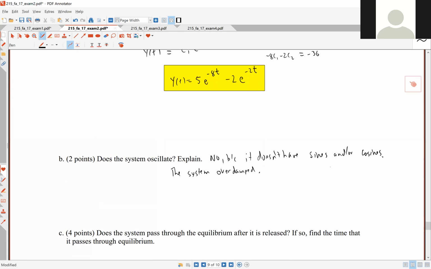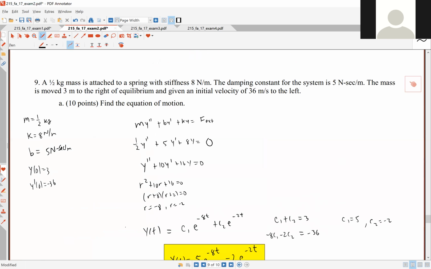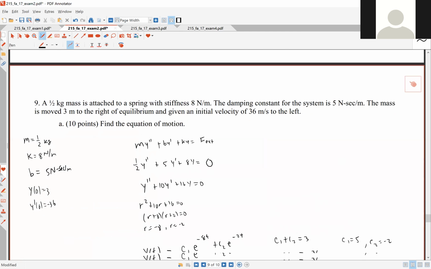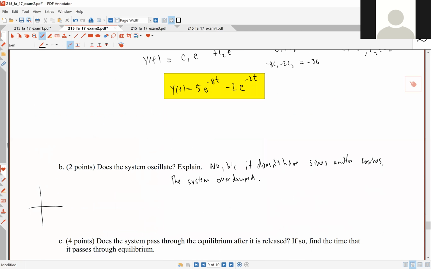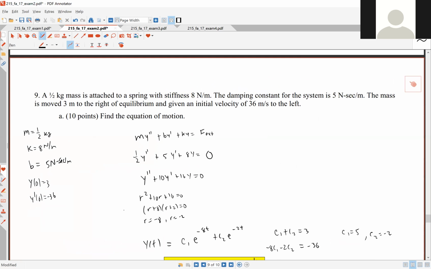And so remember the pictures on these kinds of things, if we pulled it out to 3 meters to the right of equilibrium, and then given a push to the left, I tried to give it enough energy to cross equilibrium and then come right back down. But if you don't give it enough, I mean, that's why I said we'll drive it at 36 meters per second to the left.